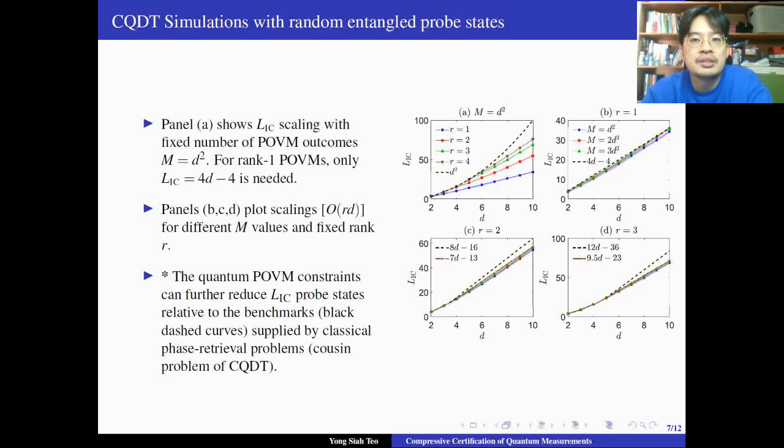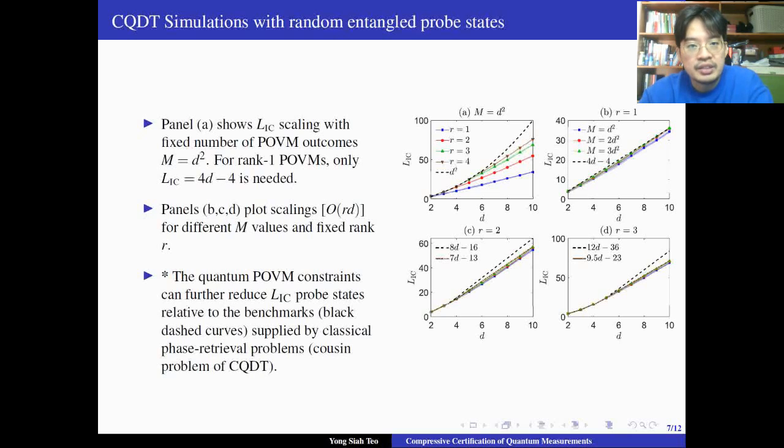Now, the results in these panels show that in the presence of the POVM constraints, the LIC can scale better than the classical scaling. The reason is that the quantum constraints heavily restrict the admissible convex set that are consistent with the data. So, therefore, the compressive behavior can be enhanced this way.